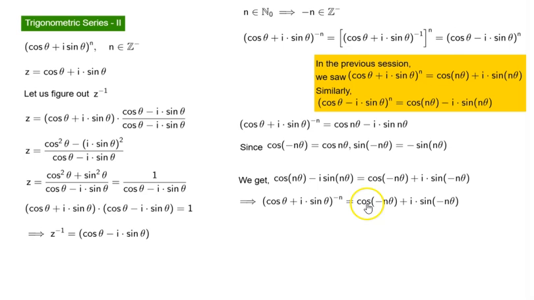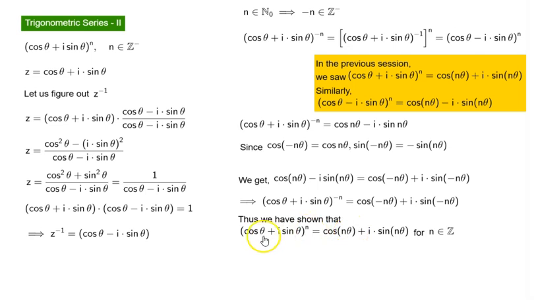So that implies (cos theta + i sin theta)^(-n) is equal to cos(-n theta) plus i sin(-n theta). Thus, we have shown that (cos theta + i sin theta)^n is equal to cos n theta plus i sin n theta for n in the set of integers.